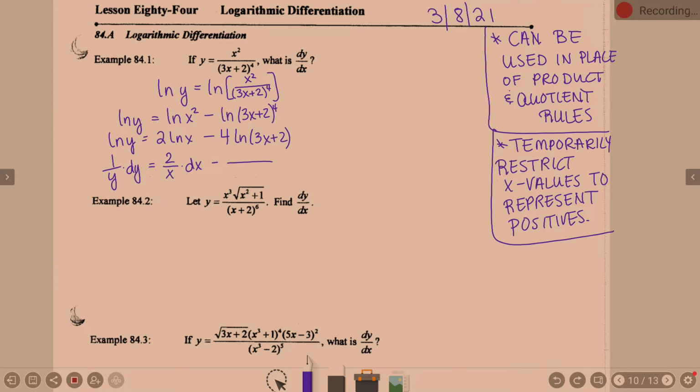So the derivative of natural log of 3x plus 2 is 1 over 3x plus 2 times the derivative of 3x plus 2, which is a 3. And what else do we have out front? The original 4. So I just wrote it as 4 times 3, but realizing it is going to be a 12, like you suggested. And then, of course, times dx.